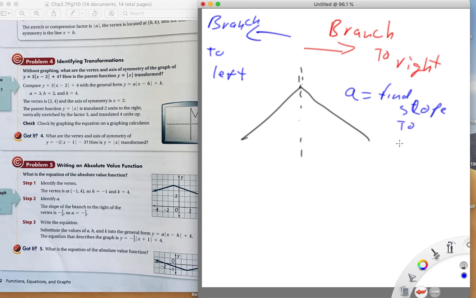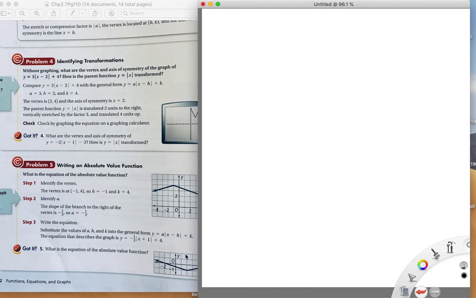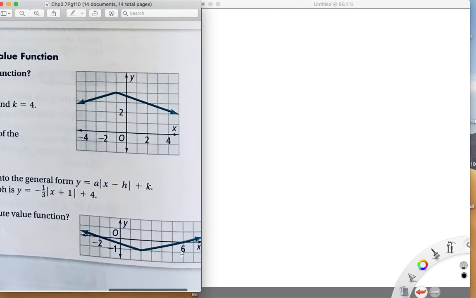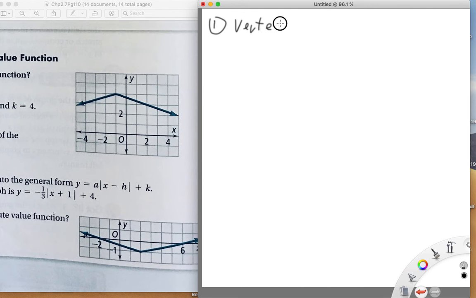Okay. So we have this particular function down here. First thing I want to do is find that vertex. So let's find the vertex. I see that it's 2 spots to the right and 1 spot down, so it's going to be (2, negative 1).